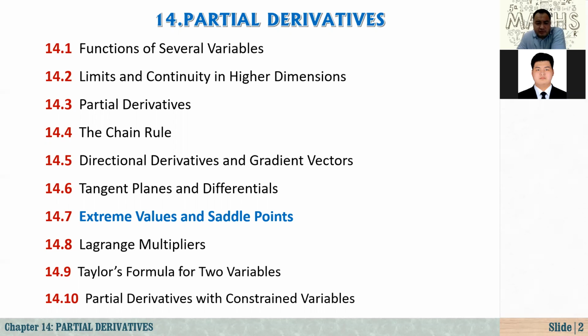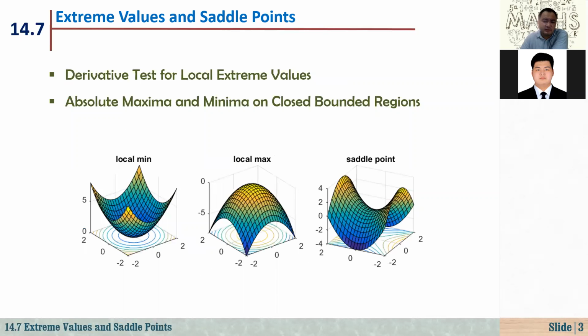Okay, so today we will talk about extreme values and saddle points. The extreme values, again, if you remember when we studied derivatives, one of the most important applications of derivatives is to locate the function's extremums.